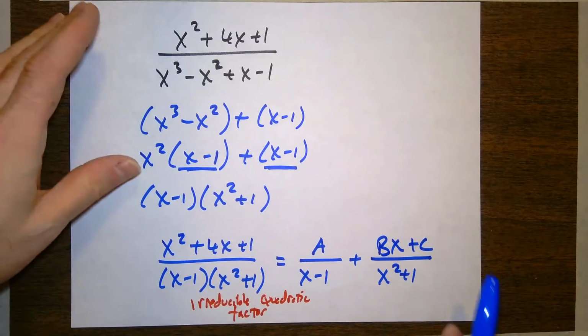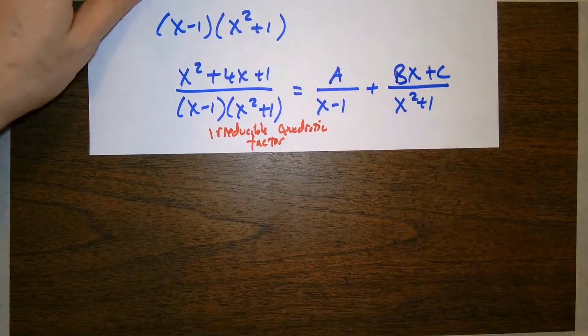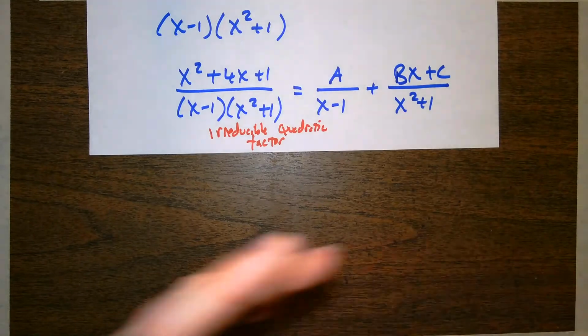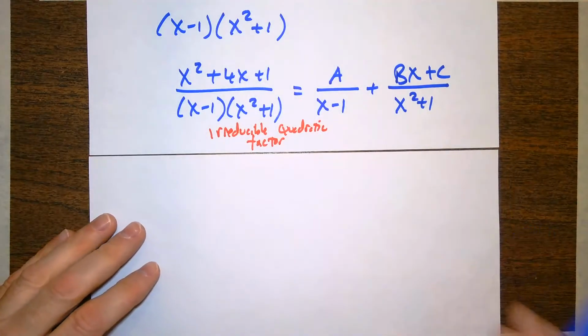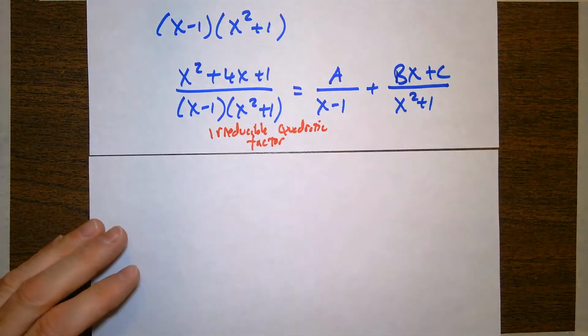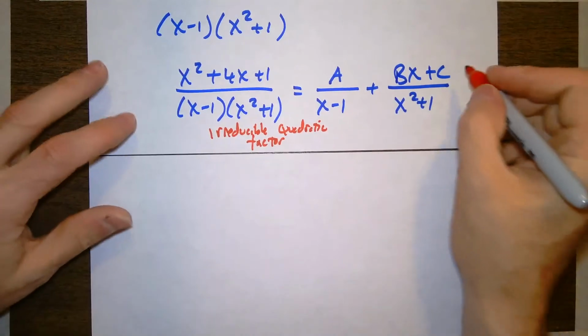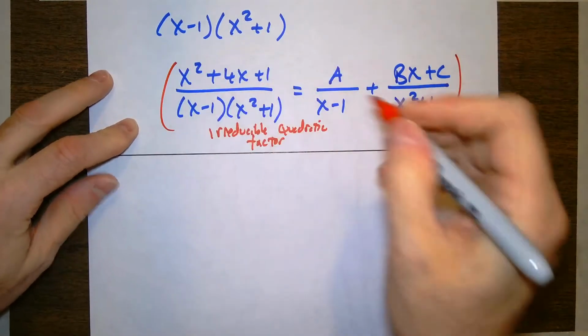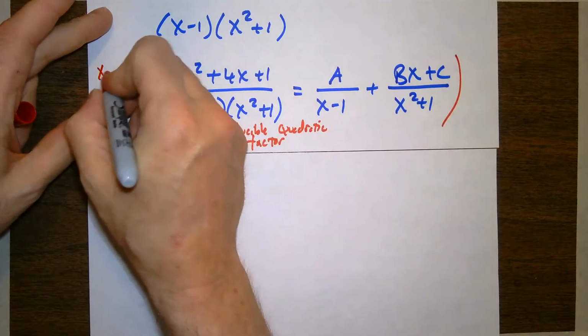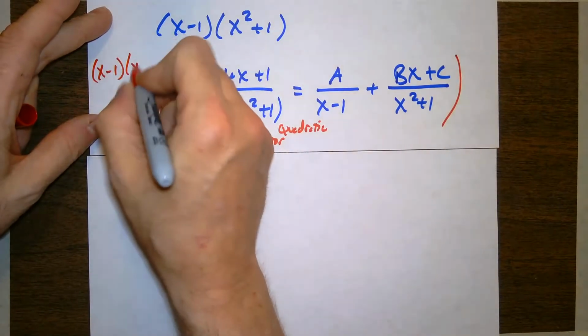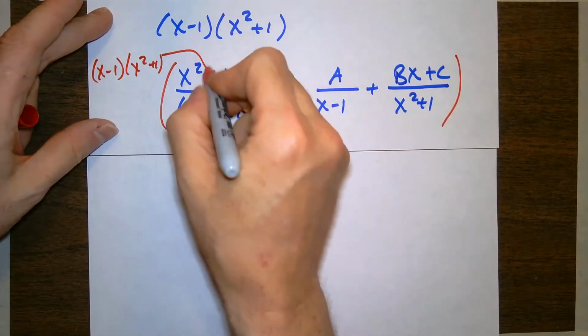And as you can imagine, our first step here is going to be multiplying by the common denominator to make all of the denominators go away. So I'm going to take this whole equation, and I'm going to multiply it by the x minus 1 and the x squared plus 1, multiply it in.